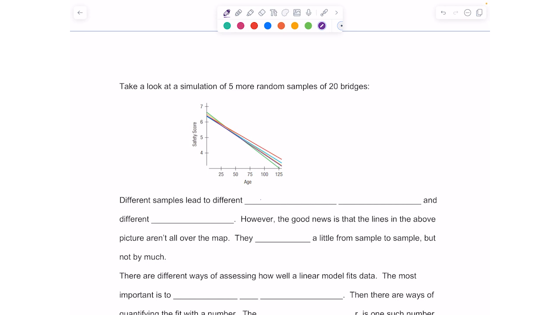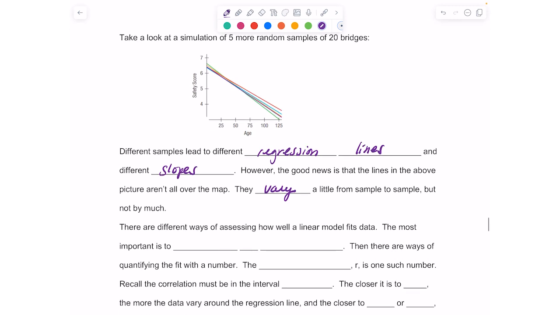Different samples, as you can see, lead to different regression lines. But luckily, they're not all that much different. However, their steepness or their slopes will be, right? However, the good news is that the lines in the above picture aren't all over the map. They vary a little from sample to sample, but not much.